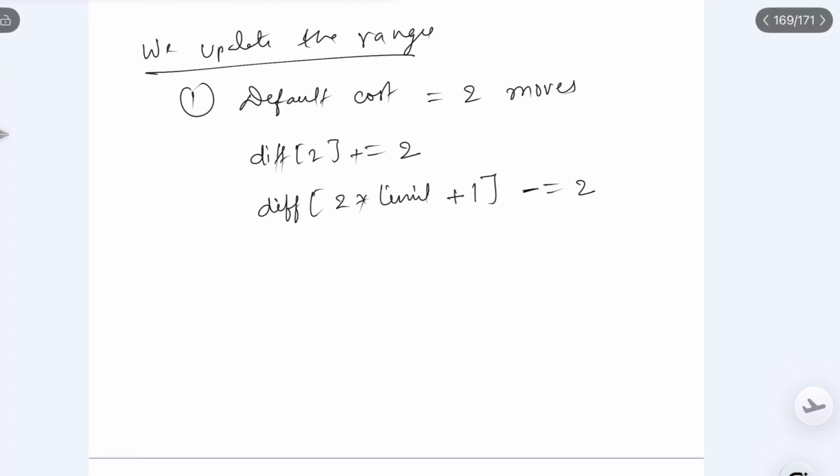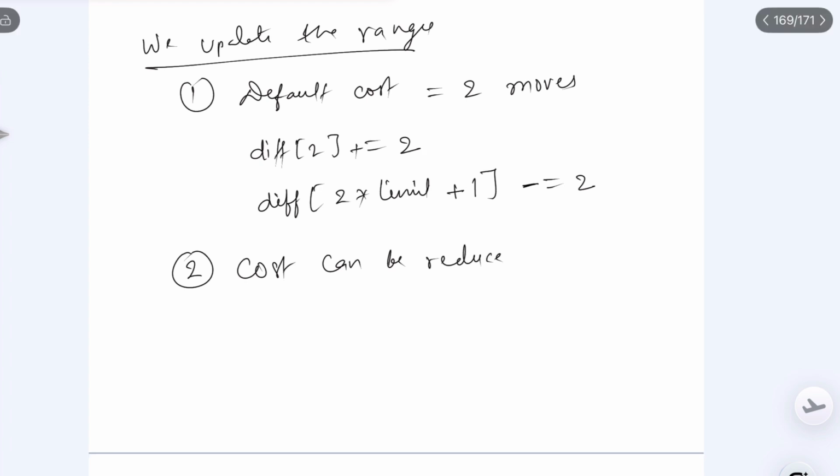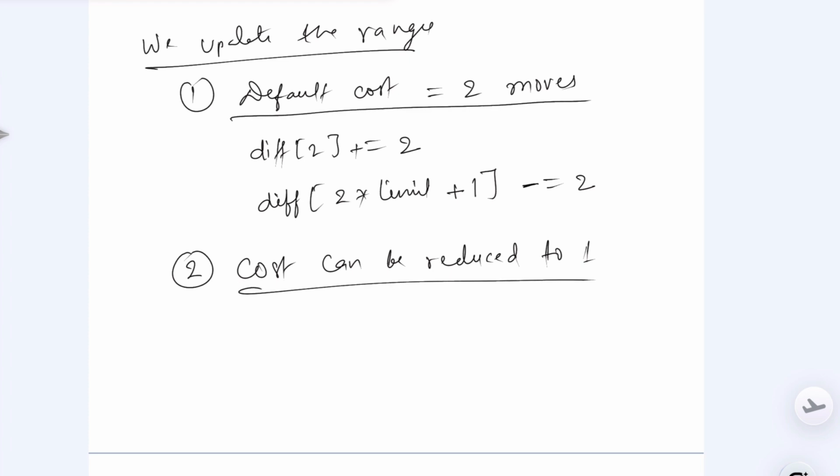Then in step 2, we know the cost can be reduced to 1. The default cost is 2 moves, so we check if the cost can be reduced to 1 or not.